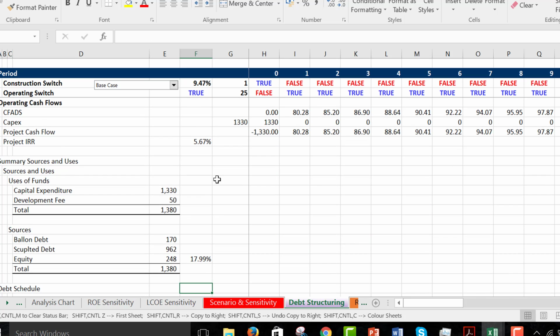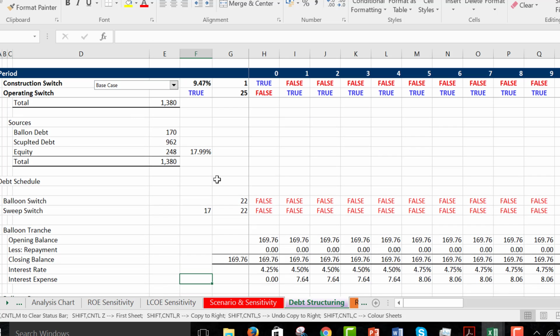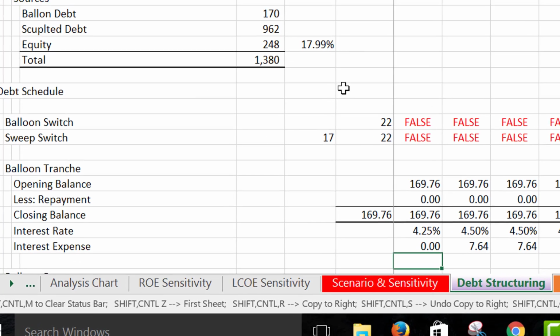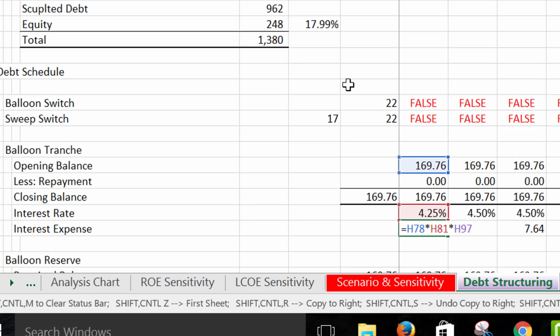So I'm going to show you that technique a little bit now, but let's just get the basics right. I use the same interest rate, and you have your interest on your balloon payment. Opening balance equals closing balance, and the balloon payment function is just, let's take the opening balance and multiply it by the true and false switch.